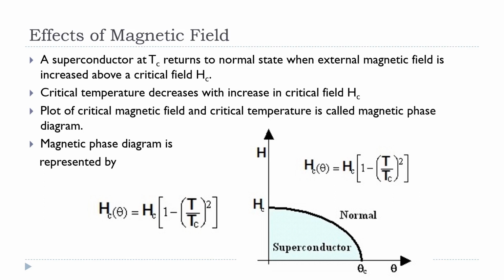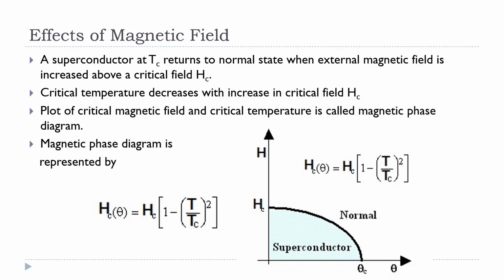Now let us go through the effects of magnetic field in a superconductor. Now, in a superconductor at critical temperature Tc, if we apply an external magnetic field upon it, it can lose its superconducting nature and return to the normal state.